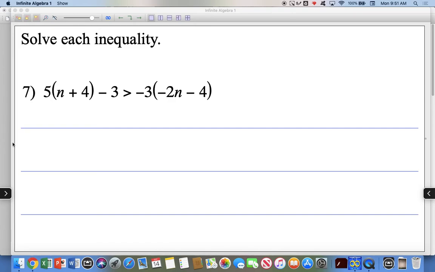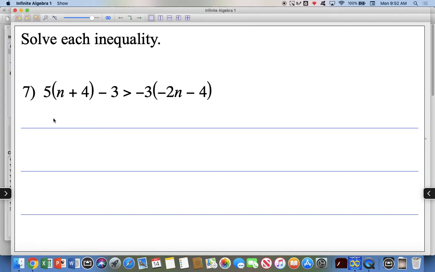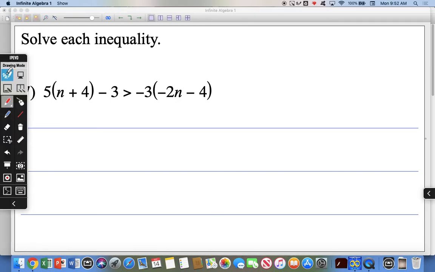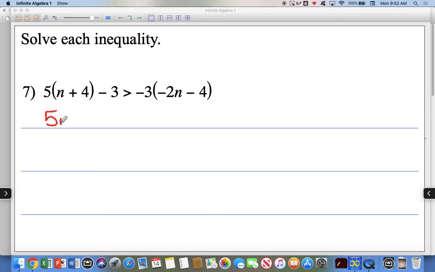So we have 5 times n plus 4, then -3 is greater than -3 times the quantity -2n minus 4. All right, so we want to distribute down the -3 because it wasn't part of the distributive property.